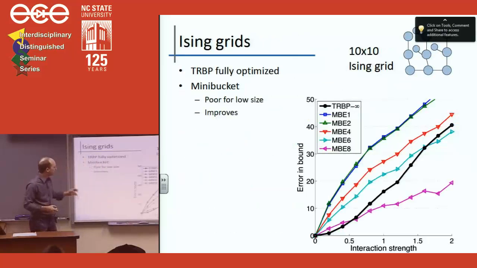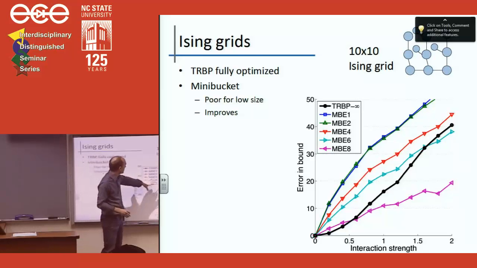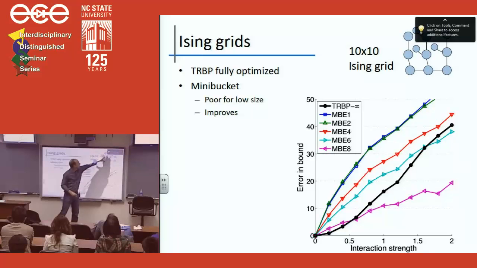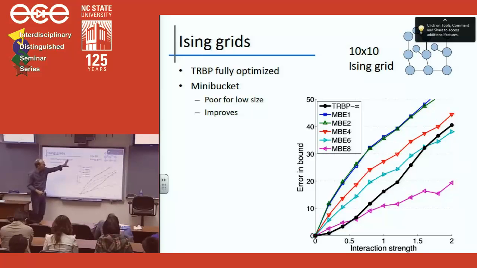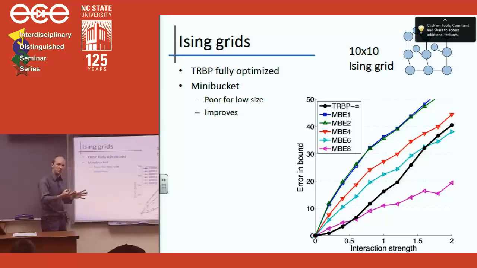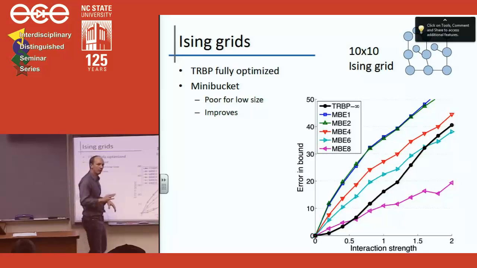So here's a quick example comparing tree-weighted and mini bucket for weighted mini bucket. This is just regular mini bucket, and this is tree-weighted, on a small grid, larger than that, but 10 by 10. So mini bucket also has this control over the table size, but it's not very effective.